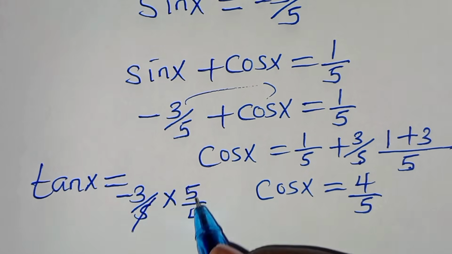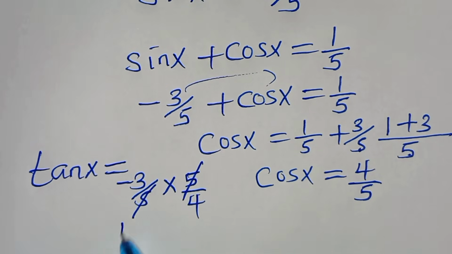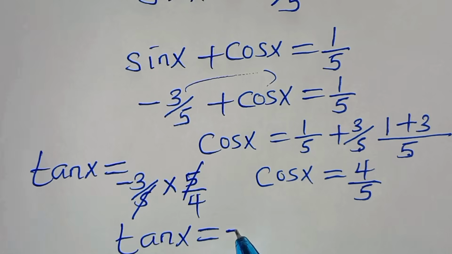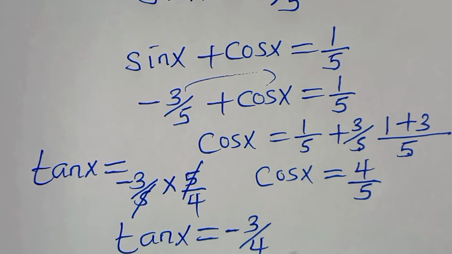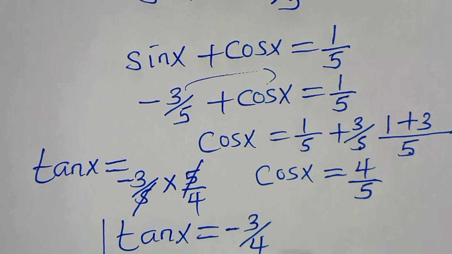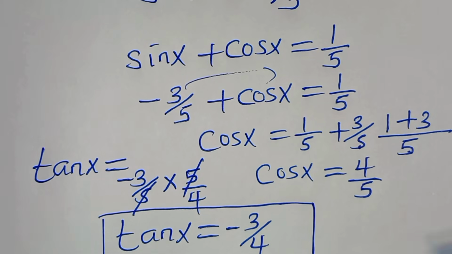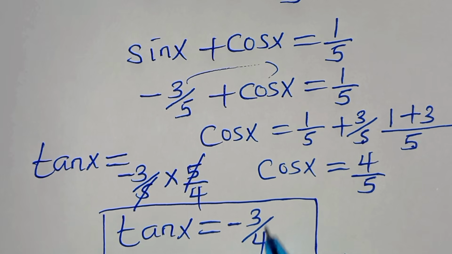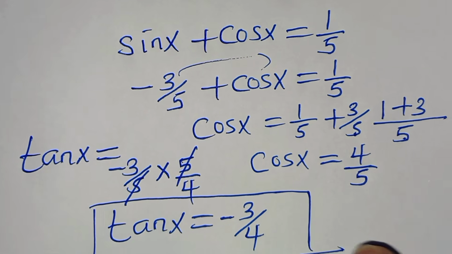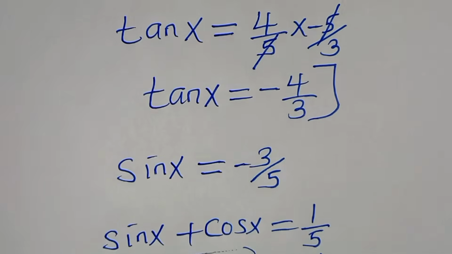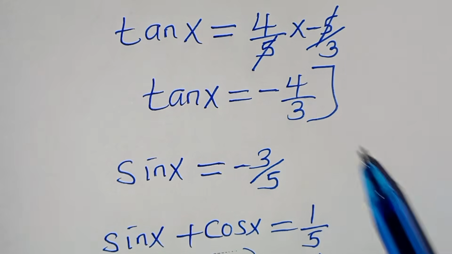Let's simplify 5 and 5 here, so that the second value of tan x is equal to negative 3/4. So we have two solutions for tan x. Tan x is negative 3/4, or tan x is equal to negative 4/3.